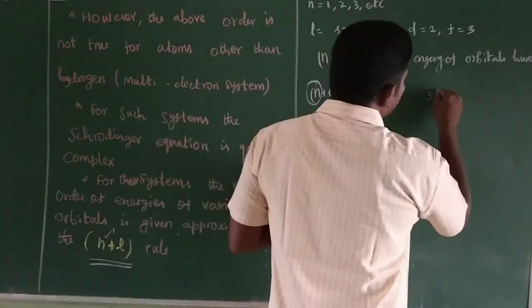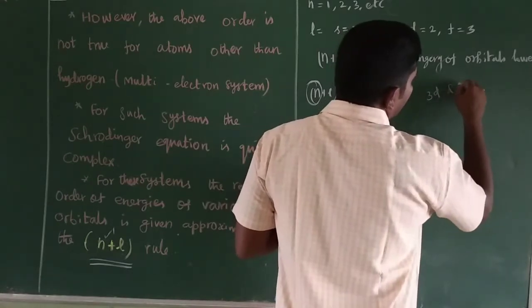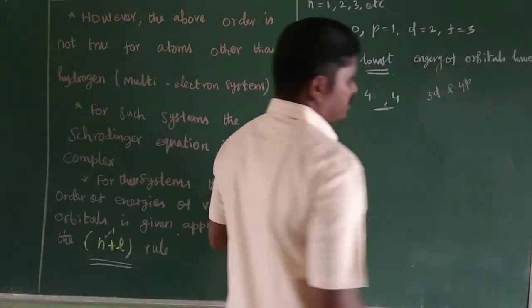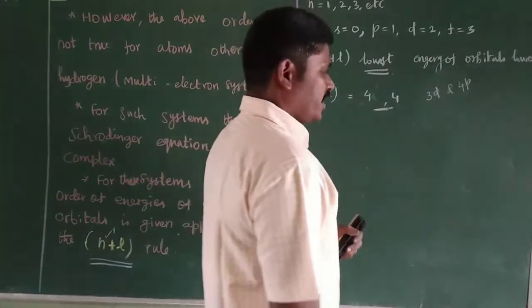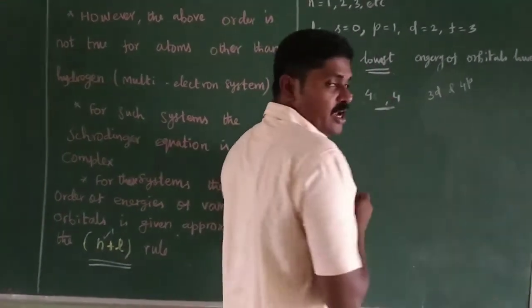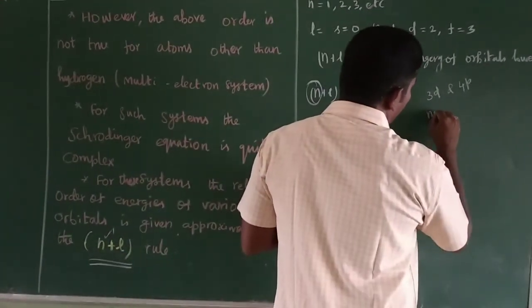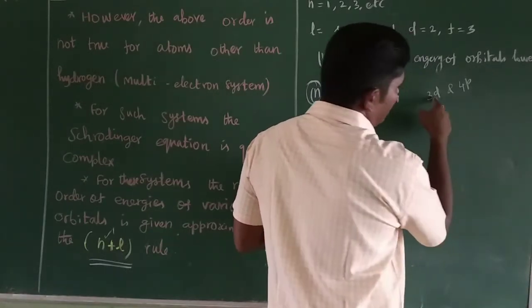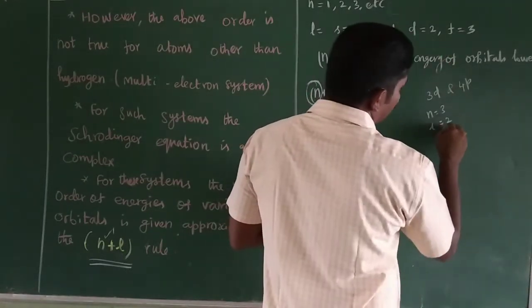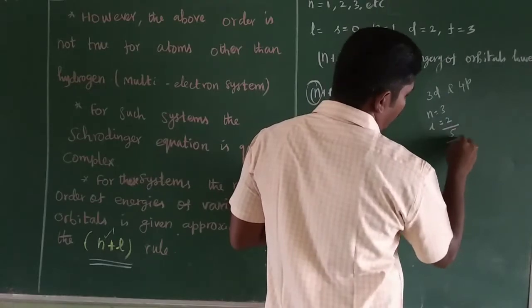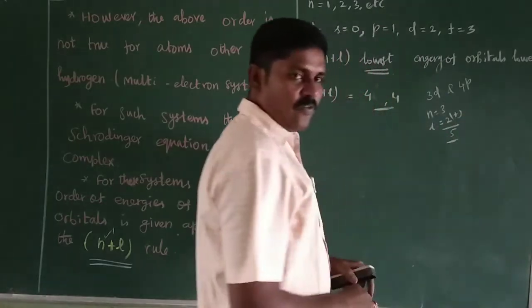For example, take the 3d and 4p orbitals. They have the same n plus L value. In 3d, n is 3 and L is 2, so 3 plus 2 is 5.